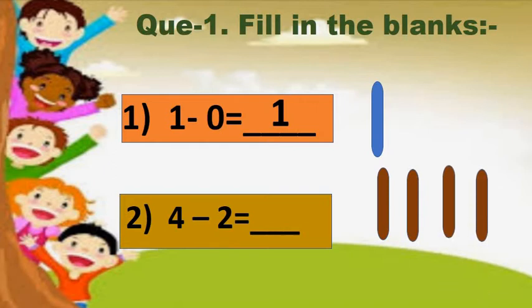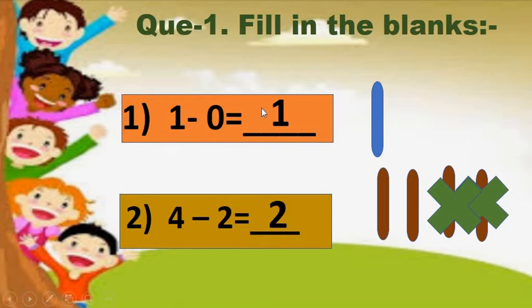Now we should take away or cross out 2. 1, 2. Now see how many objects are remaining there? 1 and 2. So we can say that 4 minus 2 is equal to 2.